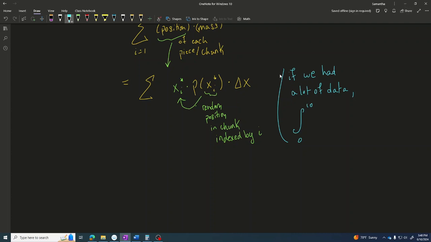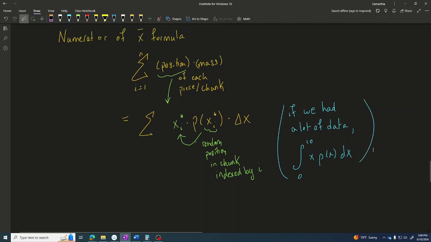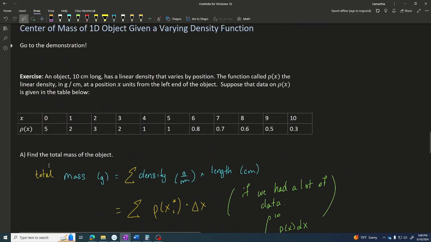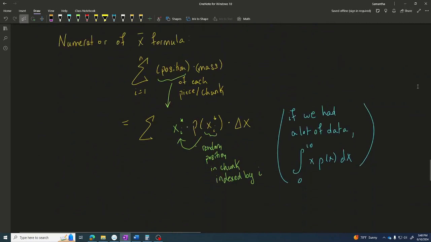The xi star would just become x. The rho of xi star would just become rho of x. And the delta x in the back would become so small that we would start calling it dx. So if we had a lot of data, this expression here on the right side is what would represent the numerator of the center of mass formula in a situation like this one, where we knew the density function.